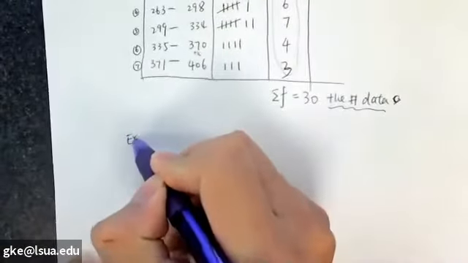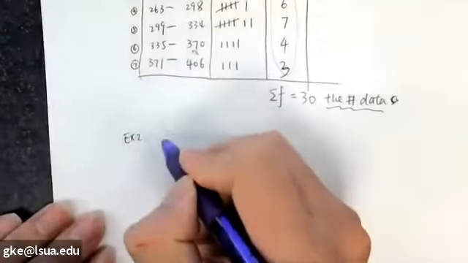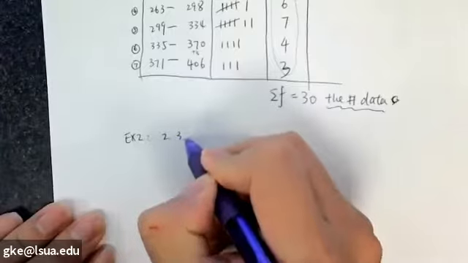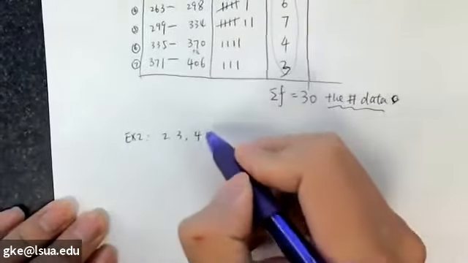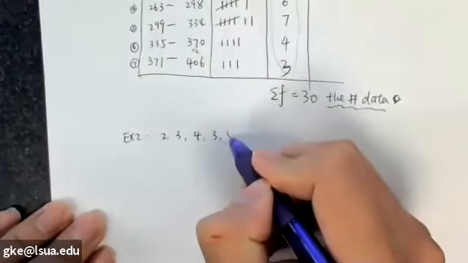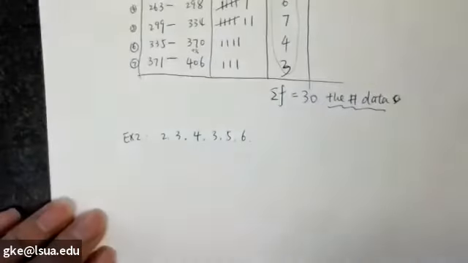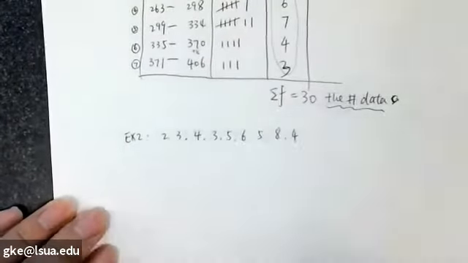Of course, my example should be much easier. So I just gave you a bunch of data: 2, 3, 4, 3, 5, 6, 5, 8, 4.